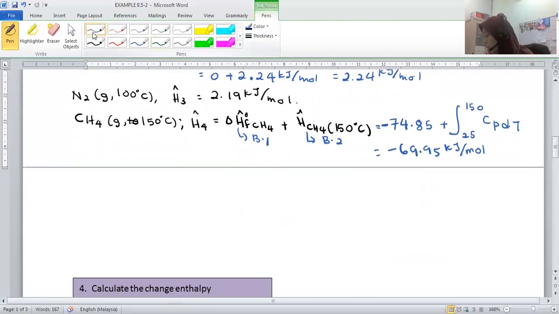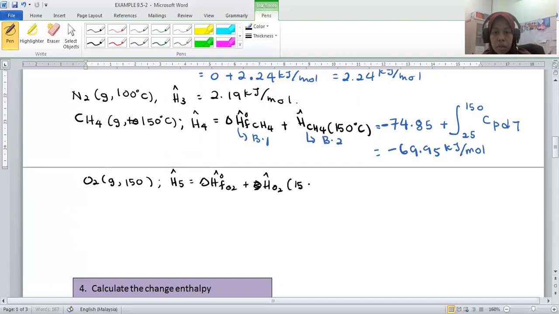And for methane, then we move to the oxygen. Oxygen in gas at 150 degrees, H5. So the change of formation for oxygen plus the specific enthalpy for oxygen at 150 degrees C. You can refer to table B1, and oxygen is in table B8.